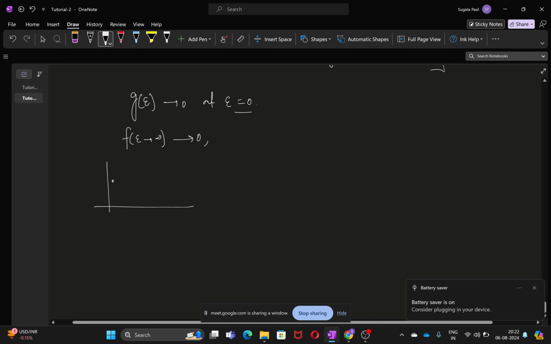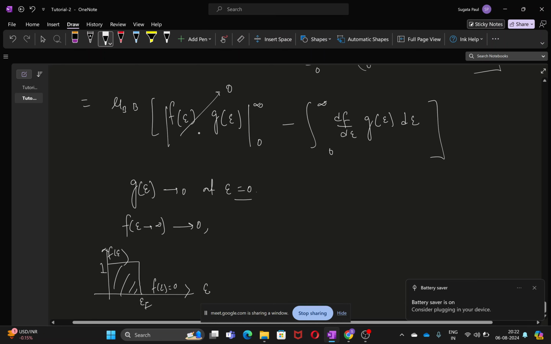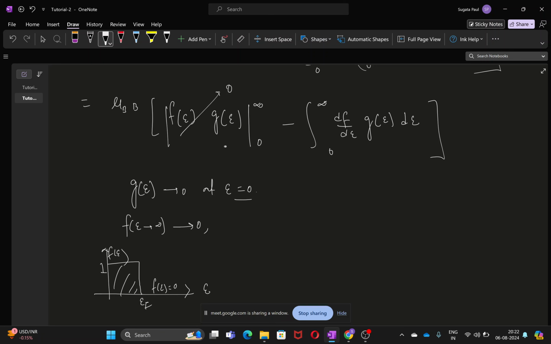From the general expression, if this is f(E) and this is the energy axis, then f is 1 for all the states below EF, and for all the states above EF, f(E) is 0. So even if your energy is at infinity, your f(E) value will be 0. As a result, the whole product will be 0. So for both the upper limit and the lower limit, the first term gives you a 0 value, or it vanishes.